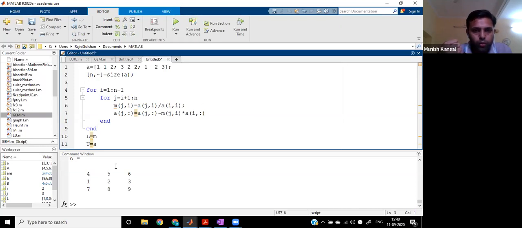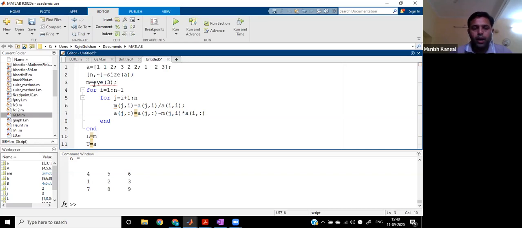Now what else is required? You have written here MJI is equal to this one. So basically you want to create the matrix L as a matrix of multipliers, and you have not started the matrix M, right? So let me write here M as the matrix. You can start with the identity matrix.